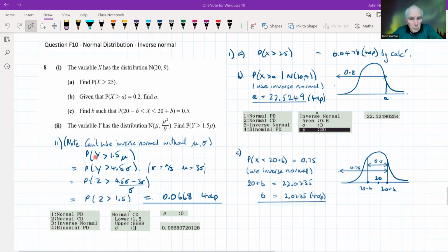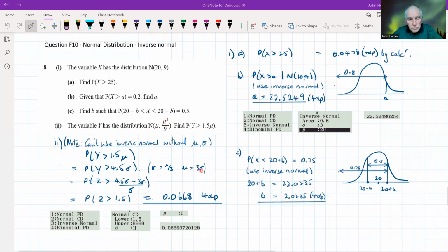So we want the probability that y is greater than 1.5 mu. We don't know what mu is. To look at that a different way, we do know that the standard deviation is mu divided by 3. That's the square root of this variance.